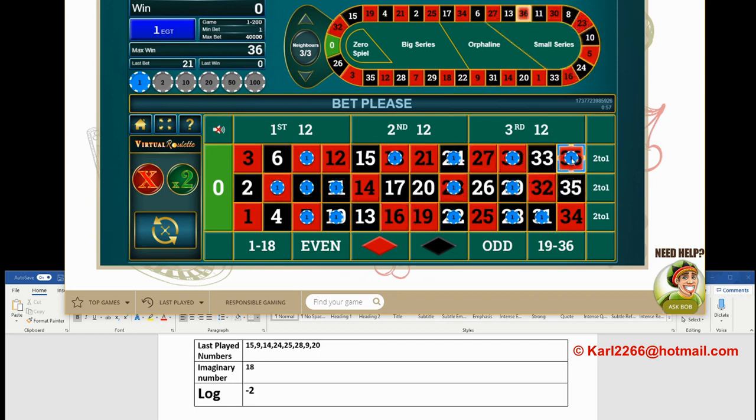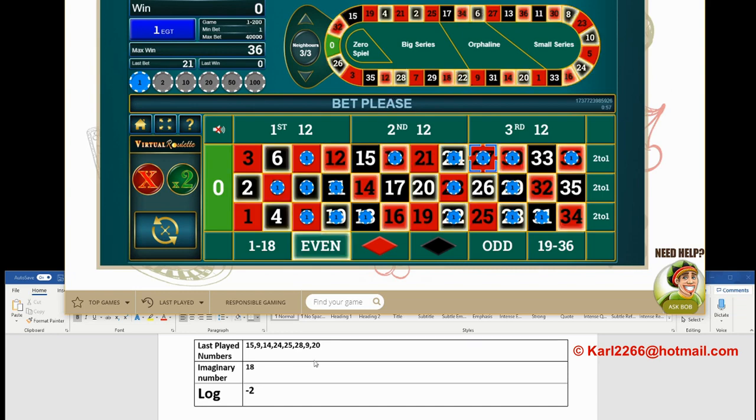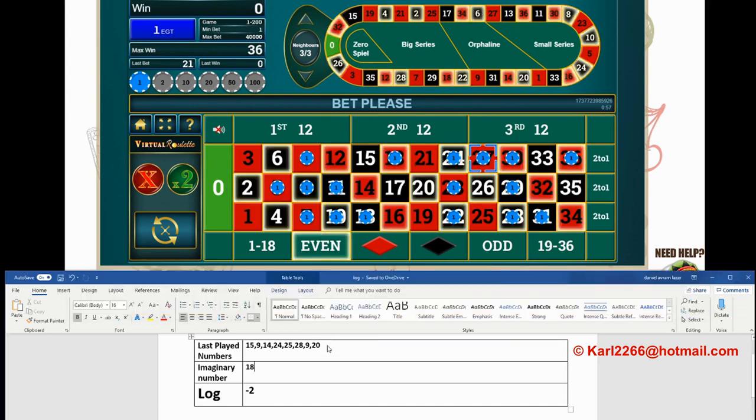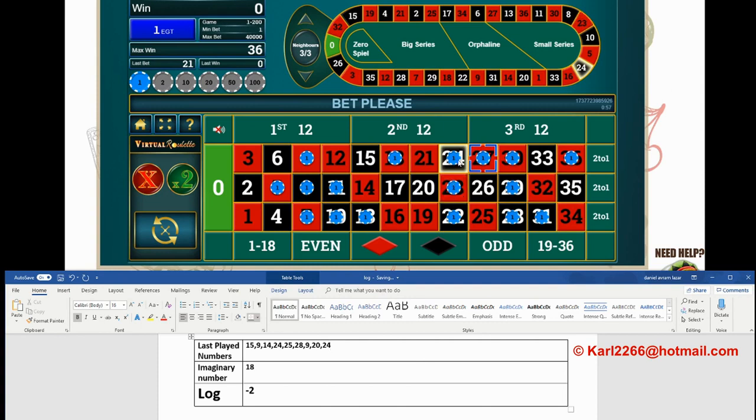So we cover more 36, 13 and 27. The new winning number after 20 is 24. It's a win because it's near 23, the third neighbor from 23.